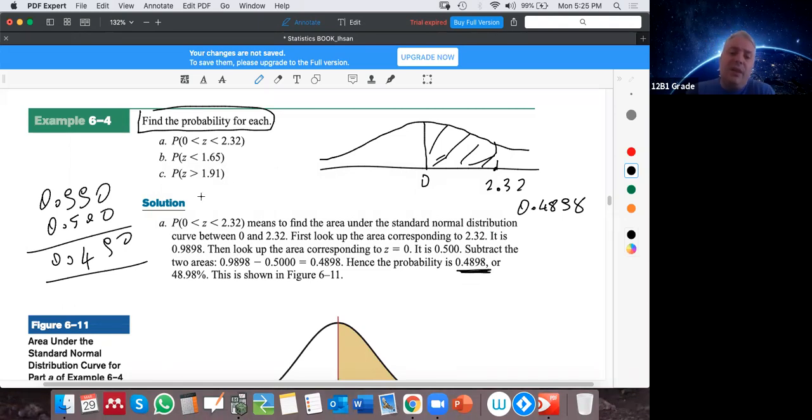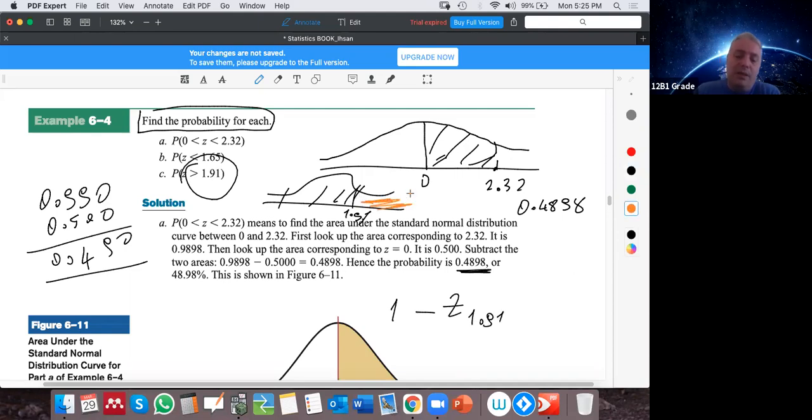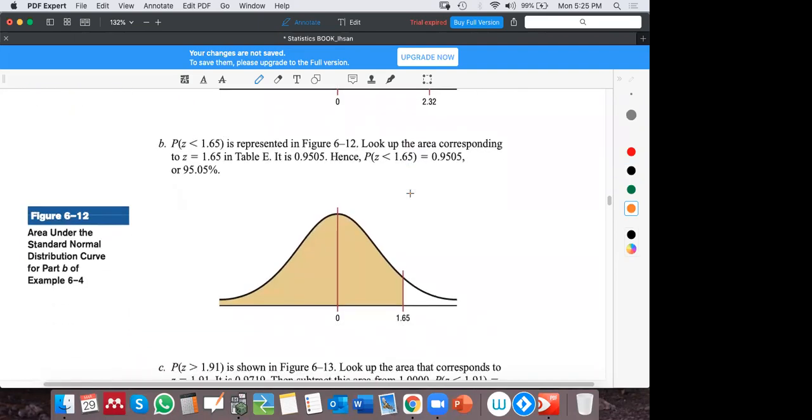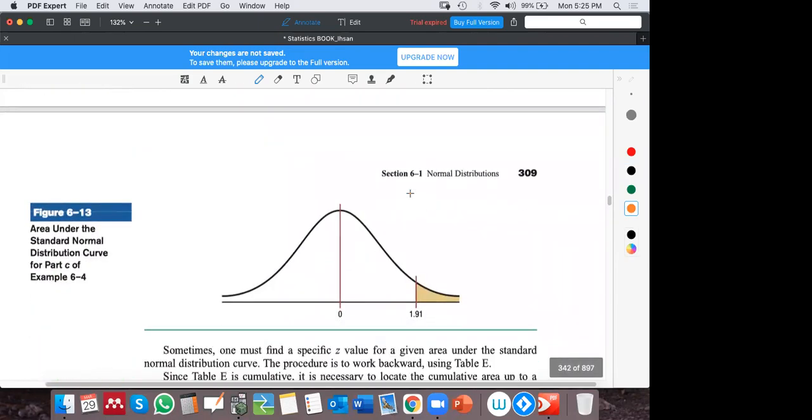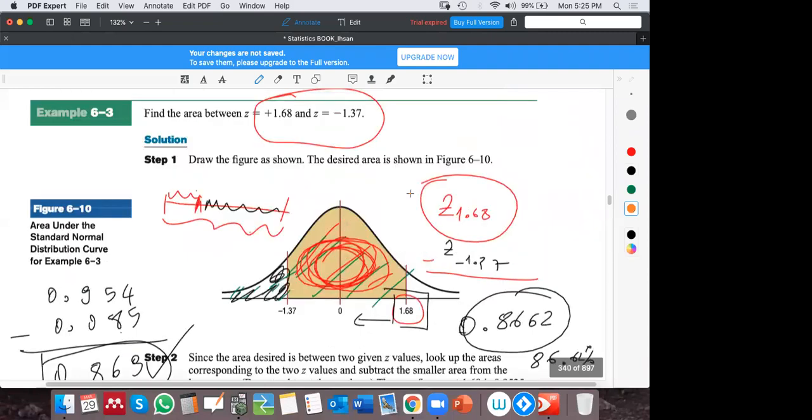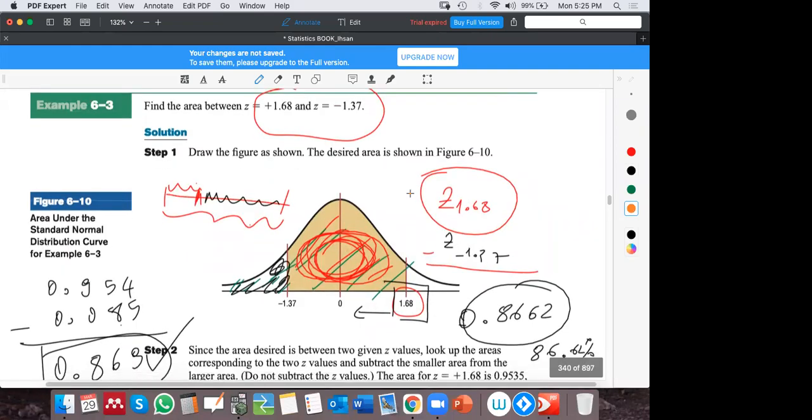What about z greater than 1.91? It's so simple. Find the 1.91 result here, and then 1 minus that value will be the answer for this part. Yes, sir. Can you please go back up? I want to show you something. The last question.